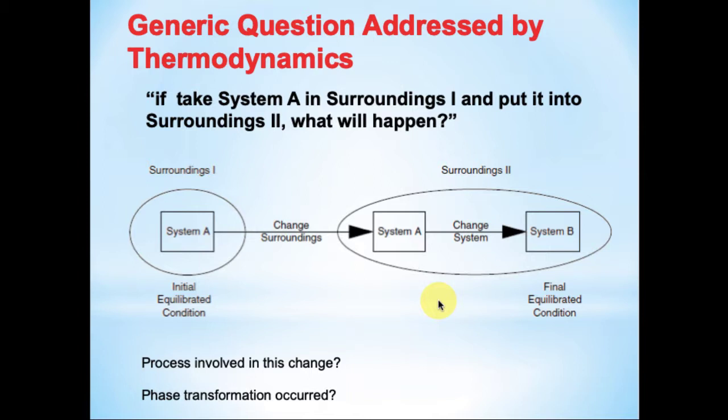As an example of this generic scenario, first we consider a block of cadmium sitting on a lab desk so that its initial condition is ambient pressure and temperature, nominally at 1 atm and 25 degrees Celsius respectively.